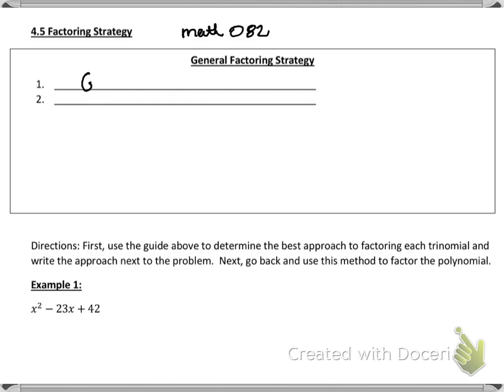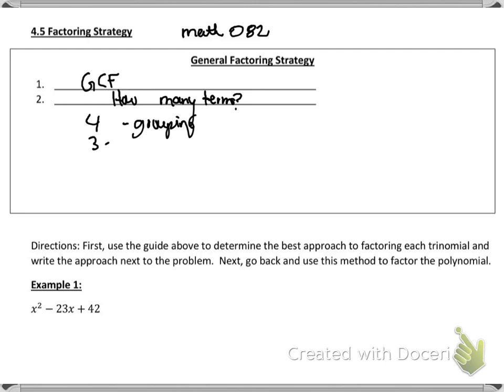So remember, the very first thing you do is you look for and find your GCF, and then you factor that out. Then your second main process is to ask yourself, how many terms are in the polynomial that I'm trying to factor? If we have 4 terms, we use factoring by grouping.